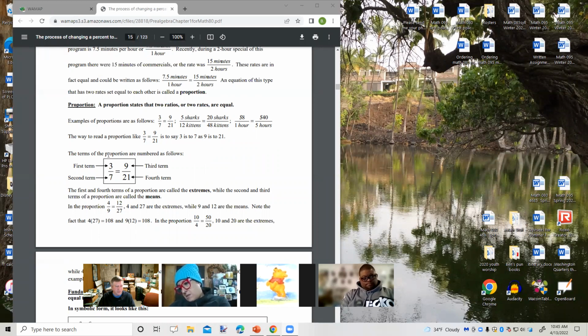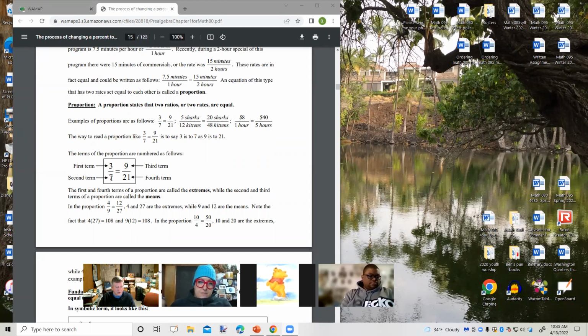The terms of a proportion are numbered as follows. You've got 4 terms: first term, second term, third term, fourth term. Reading from left to right, top to bottom, the first term is the 3. The last term is the 21. Those 2 terms are called the extremes, the beginning and the end, the first and the last, the alpha and the omega.